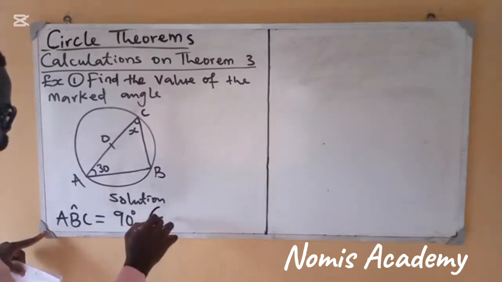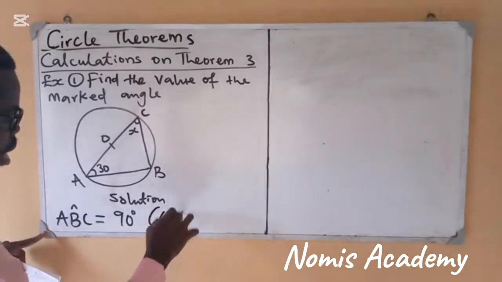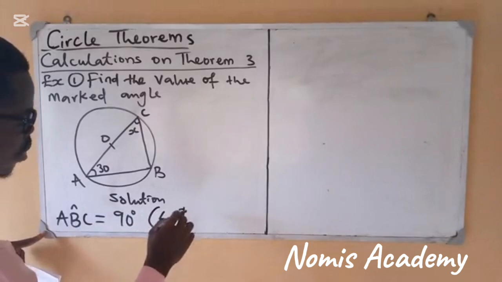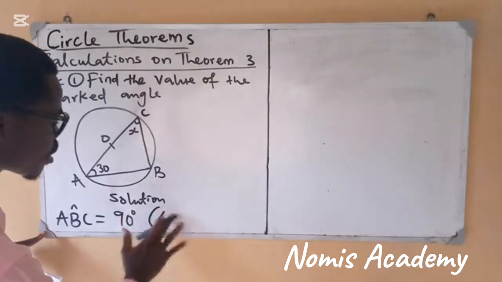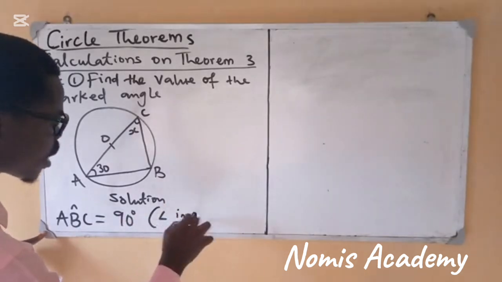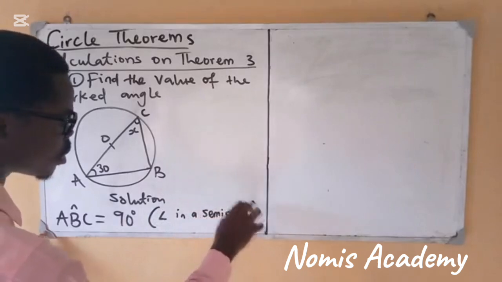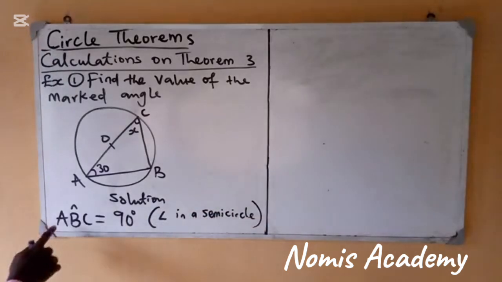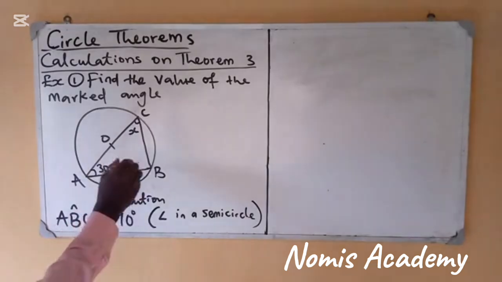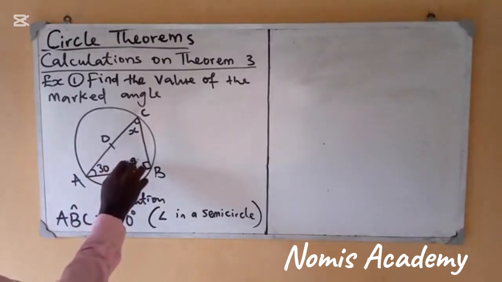We say angle in a semicircle. So we can confidently say that angle at B is 90 degrees.